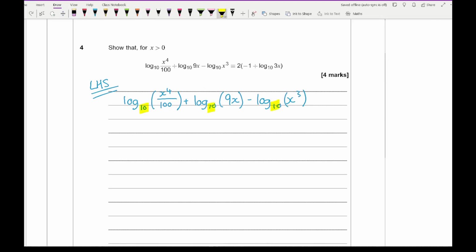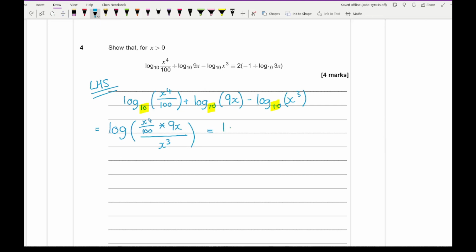So as the bases are the same, I can use the rules of logs to write this as a single logarithm. So this becomes log of x^4 over 100 times 9x, all over x cubed. Then I can simplify this.